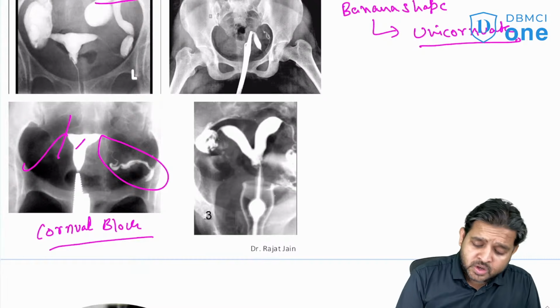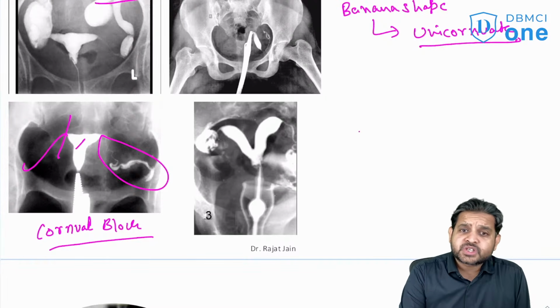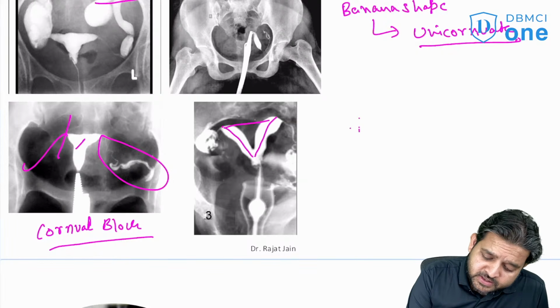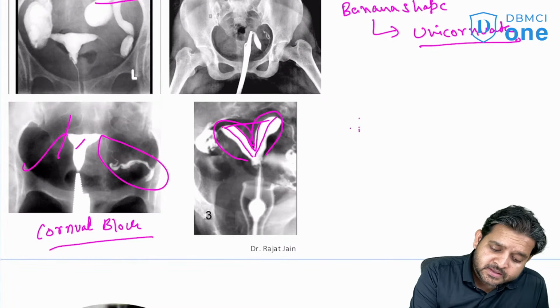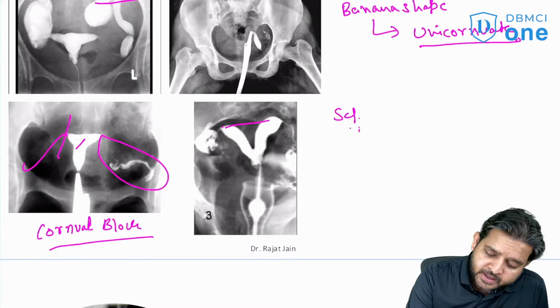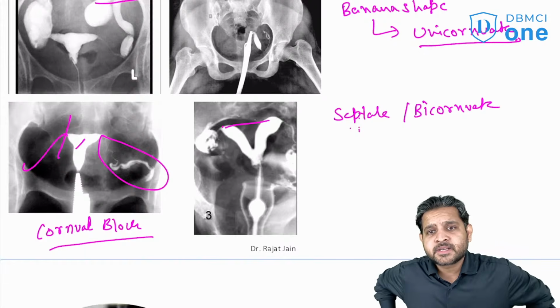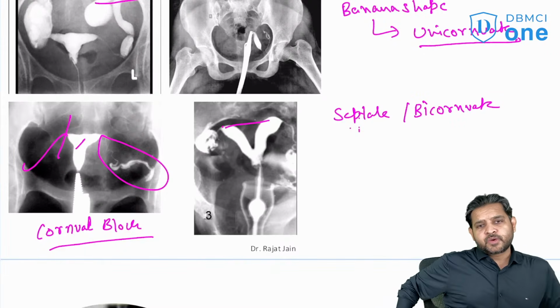On the other hand, if you see that the two horns are looking like this, but I am not sure whether there is a septum between them or the two horns are separate, then this is either a septate uterus or a bicornuate uterus.